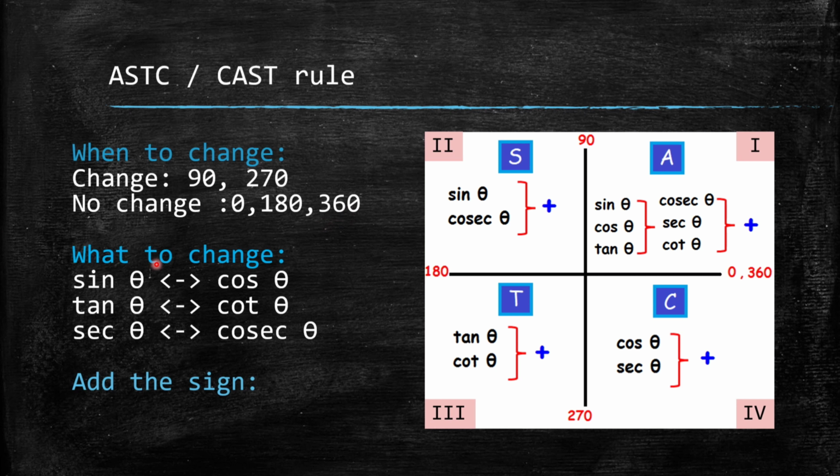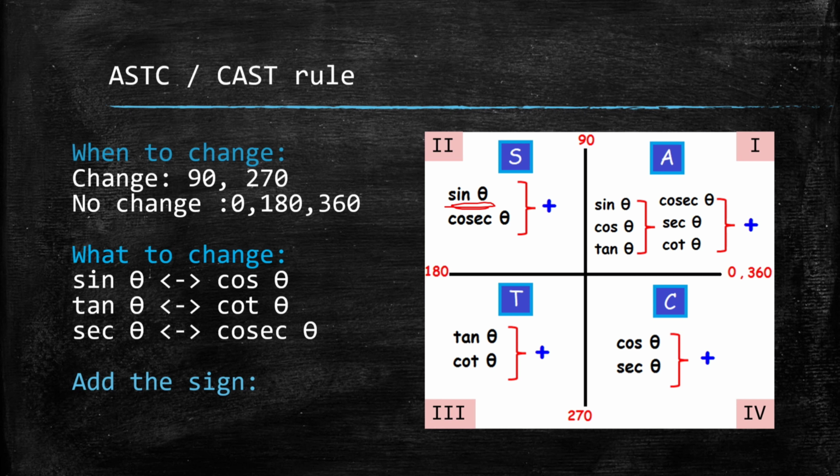Now let's see what to change. When sin theta is given, we have to change to cos. When tan is given, we have to change to cot. When secant is given, we have to change to cosecant. Remember, so many will commit mistakes here.